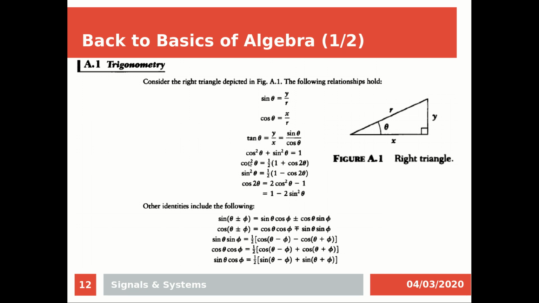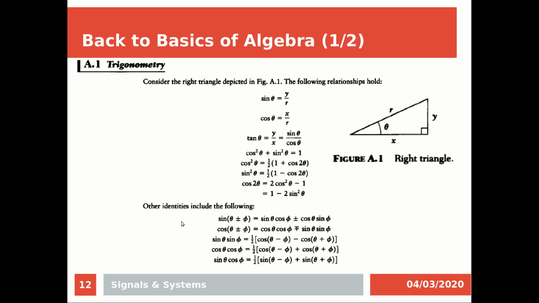This is very simple, I think you all took it before in basic algebra or calculus. You will review this trigonometry because you have to remember it, so you can use it easily in the reduction and simplification of equations or mathematical problems that you have during the class.